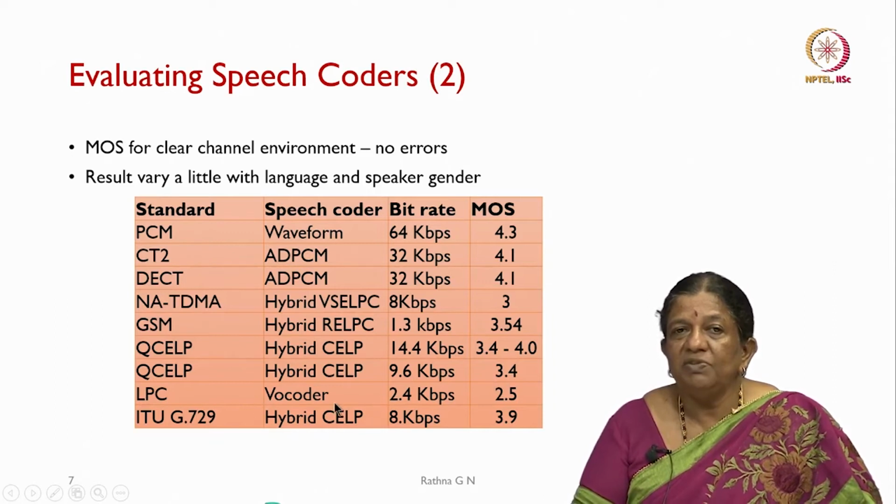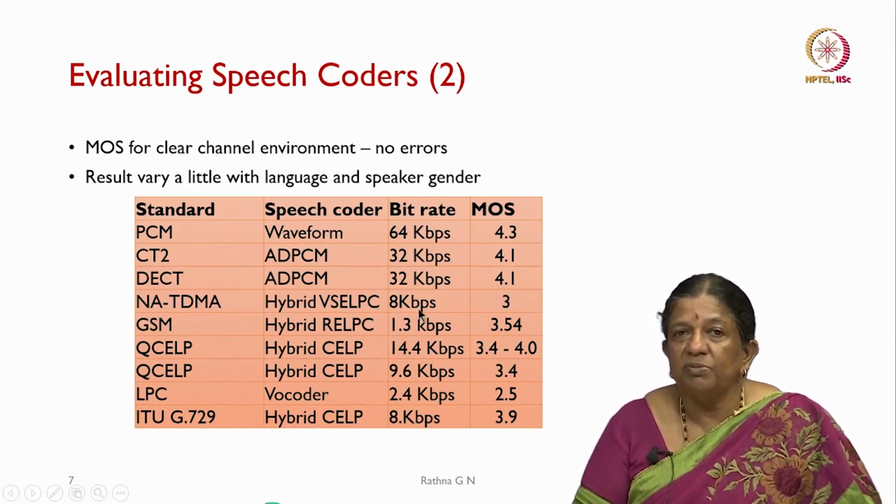And our LPC, which uses vocoder speech coding techniques, has 2.4 kilobits per second. So, you can see it has a very low mean opinion score. And G.729, which uses the hybrid CELP at 8 kilobits per second, has a 3.9 score, compared to the TDMA hybrid, which has 3 at 8 kilobits per second.